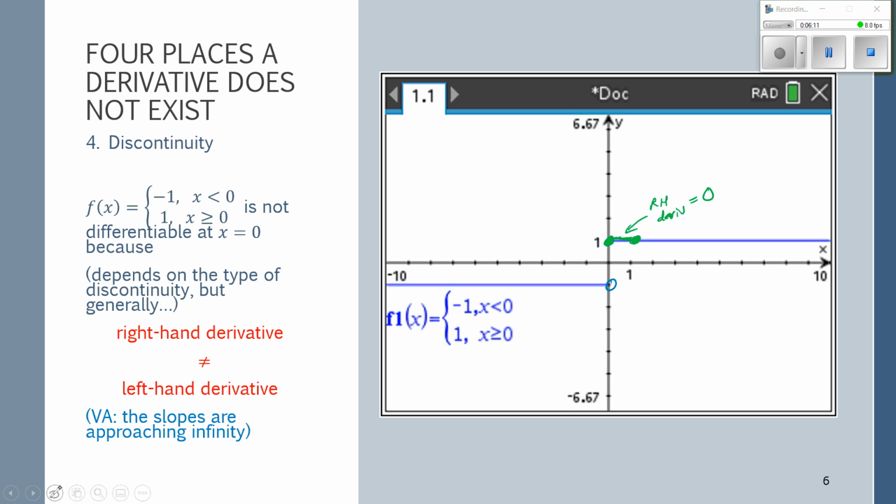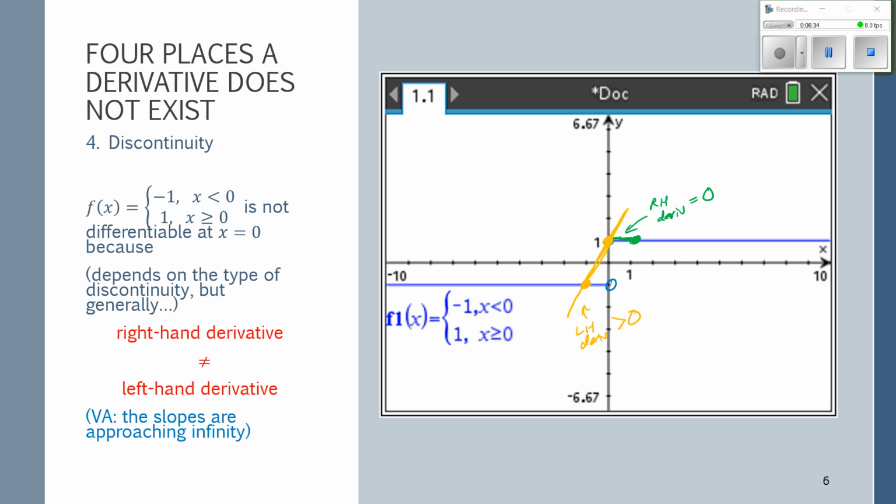But for my left-hand derivative, I'd be picking my point of tangency and a point a little bit to the left, which would be down here. And I can see from this that my left-hand derivative is not going to be 0. It's going to be some positive number. So my right-hand and left-hand derivatives aren't going to be the same.